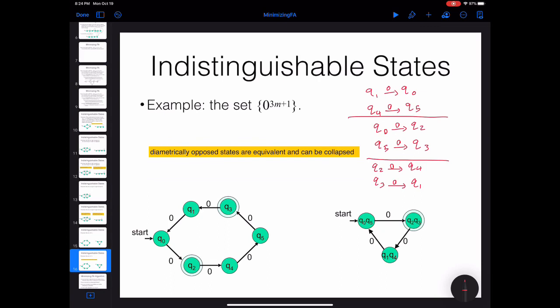I mean, I don't know if they are equivalent or not, right? So you can see that if I go over all these pairs, I cannot really get anything. But I know that in fact all of these pairs are equivalent. Q4 and Q1 are equivalent, Q0 and Q5 are equivalent, and Q2 and Q3 are equivalent.